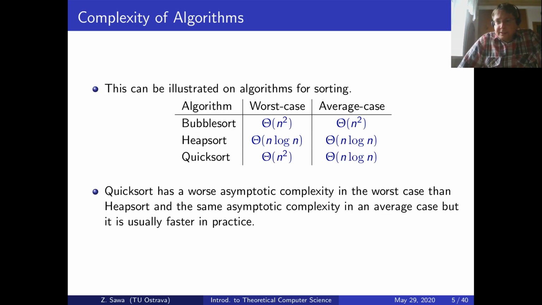This is a quite simple operation that can be implemented quite efficiently. Algorithms like heapsort and mergesort are more complicated; they perform more work in each iteration. So typically quicksort will be slightly faster than heapsort or mergesort.